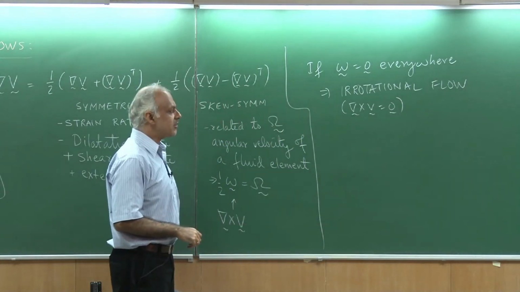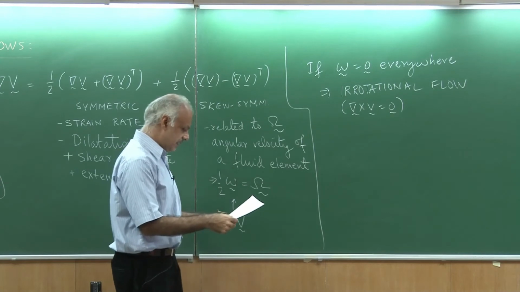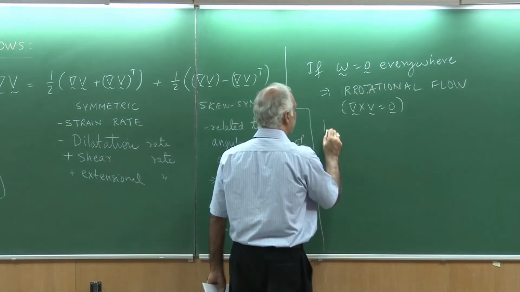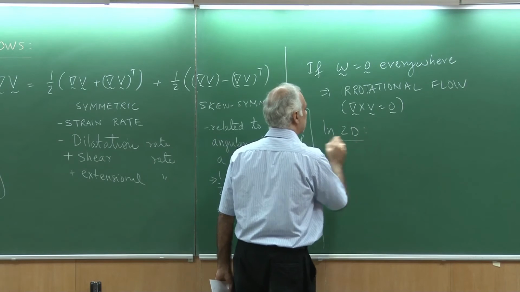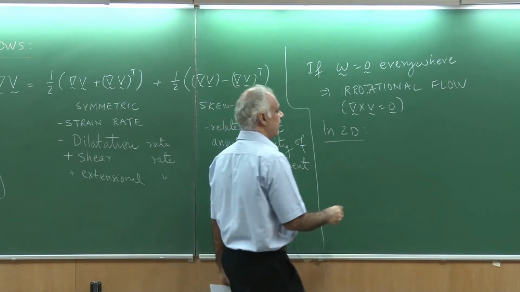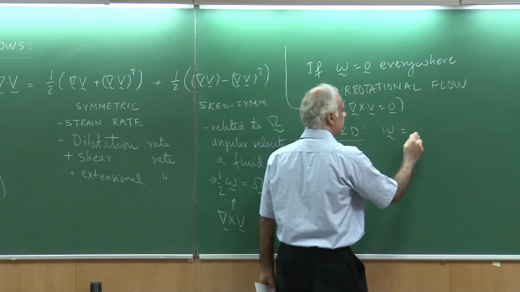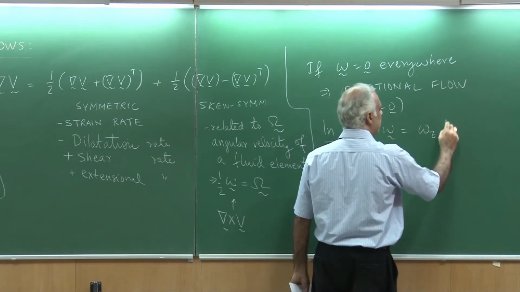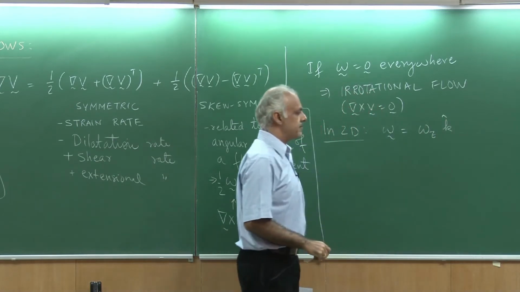Let me just refresh your memory with some of the examples that we had talked about. So, in 2D, if you remember, my omega is simply omega z times k. Okay?